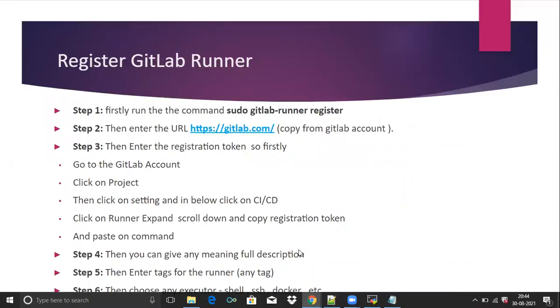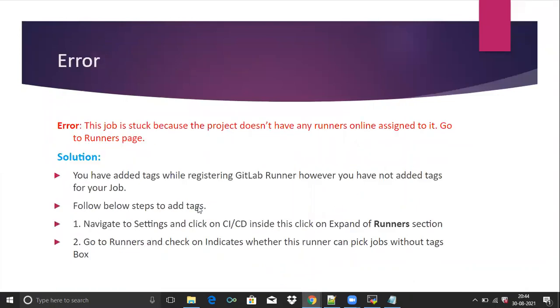Now go to the next point, which is an error. Sometimes an error occurs like this: job is stuck because the project doesn't have any runners online assigned to it. Go to runners page. So what should we do?